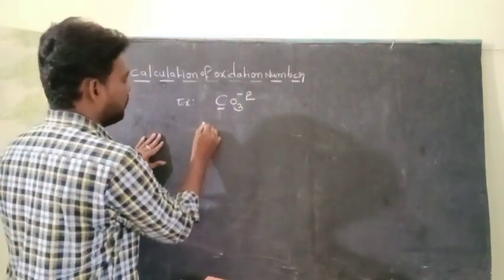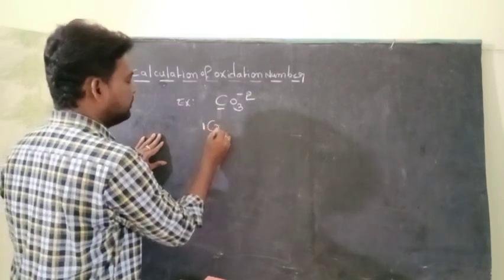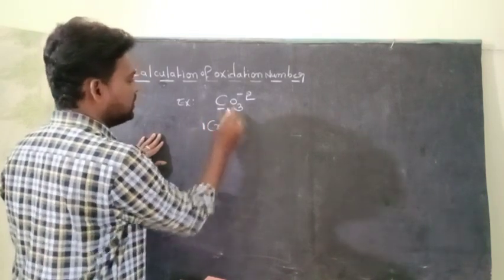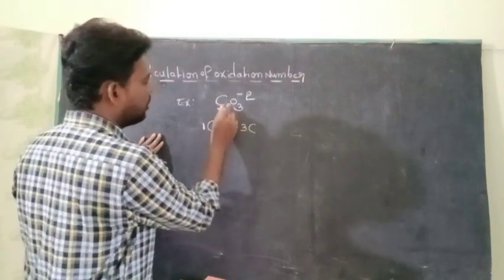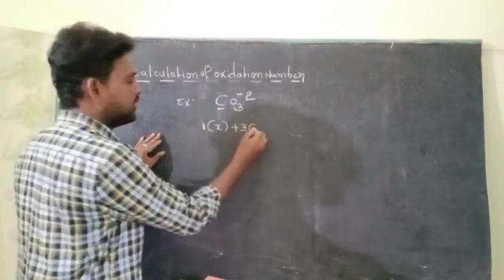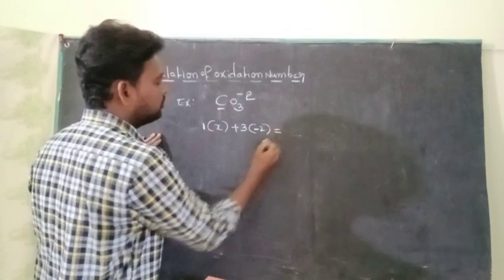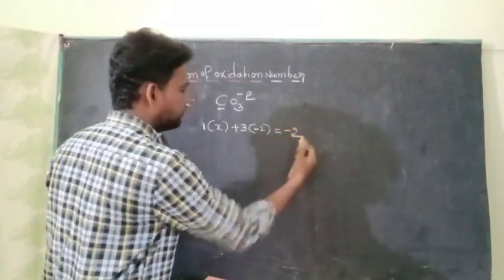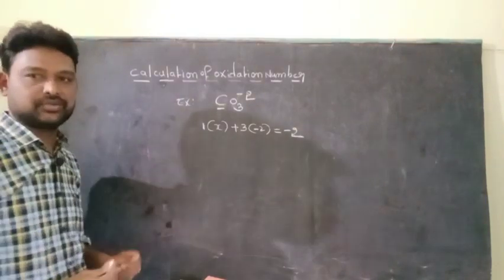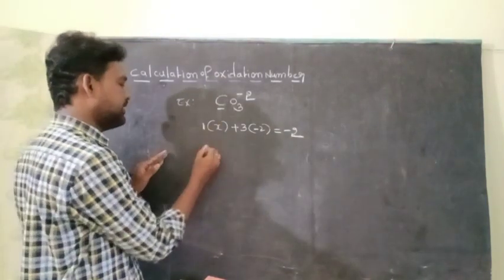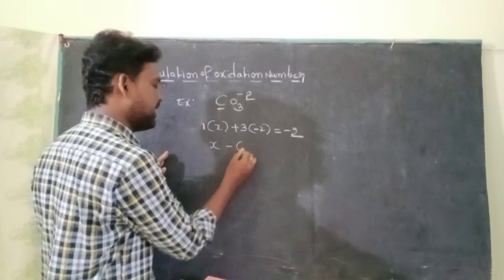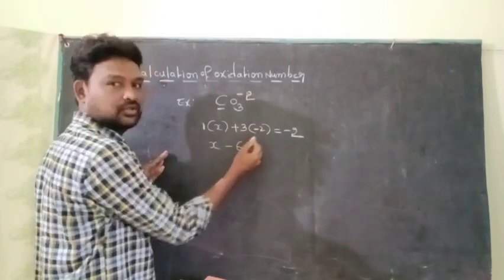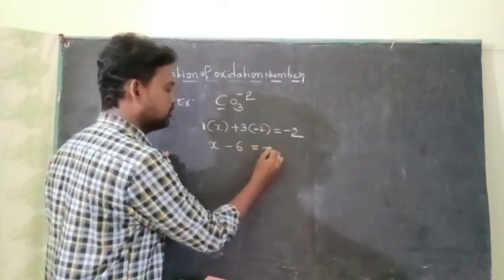So one carbon atom is there, 1 into x, plus 3 oxygen atoms, 3 into the oxygen oxidation number minus 2, equal to the total charge, minus 2. So 1 into x plus 3 into minus 2, minus 6, equal to minus 2.